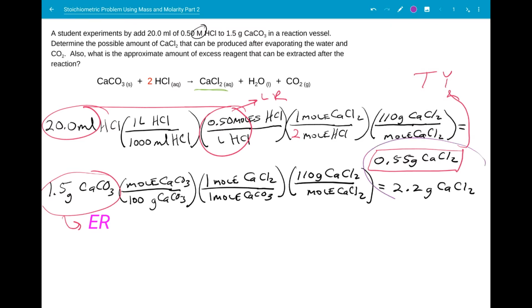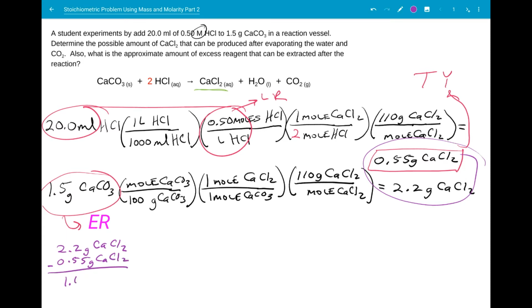Here's what I would do. Let me use a different color here. I would take these two values and subtract them out and convert the difference to the calcium carbonate. I'm going to do this right here in this lower left corner. I take the 2.2 grams CaCl2 and the 0.55 grams CaCl2, and subtract that out.